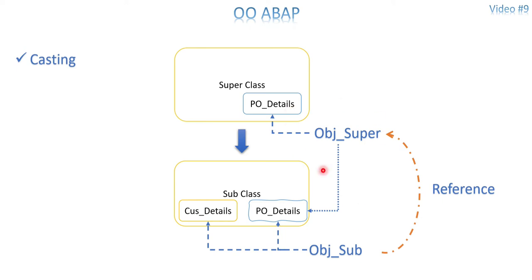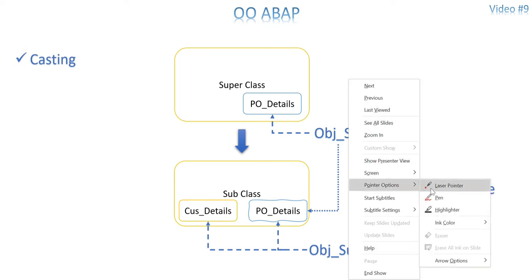Now I want to go back, meaning I want to change my reference to the superclass, because now it's pointed to the subclass object. I want to change the reference of my superclass object to the superclass itself. Here this is equal to this, and this is also pointing to the subclass. I want to change this to my superclass reference. So how can I do that?